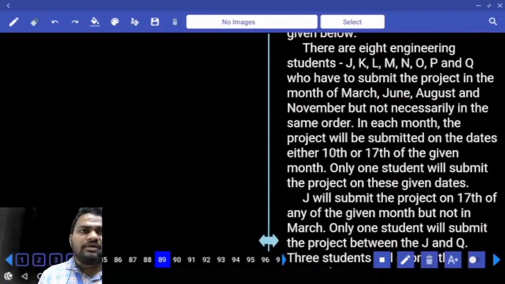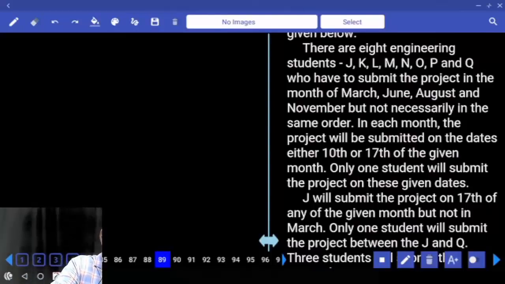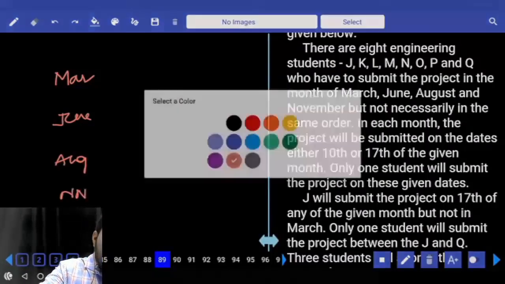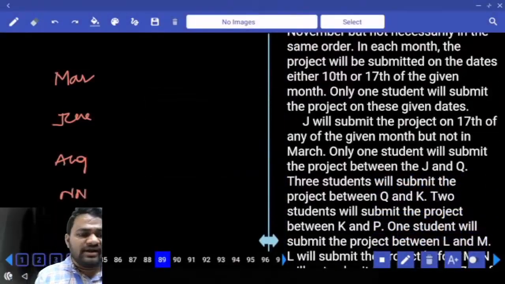Okay, so let me write the months in the same order. That is March, after March we have June, after June, as per the data, August, and then November. And in every month the project will be submitted on either 10th or 17th.